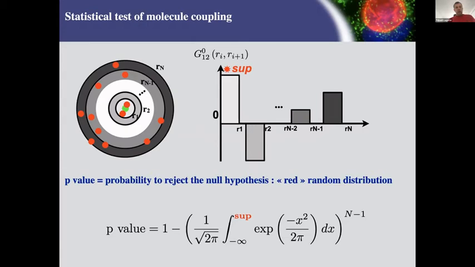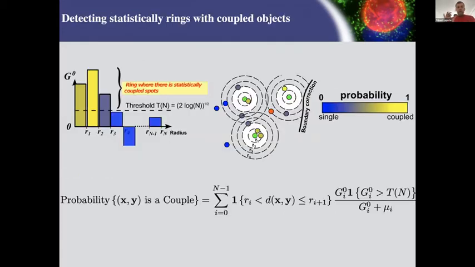From this, you can detect the annulus that are far above a statistical threshold. The threshold is a function of the number of annulus, and this is the universal threshold that is commonly used in image analysis. Then you can really detect the rings where there is a statistical accumulation.